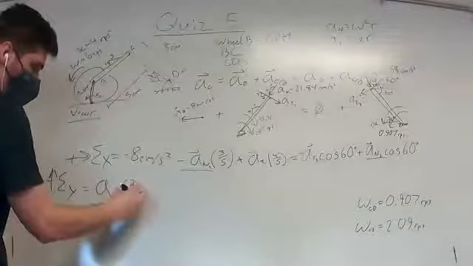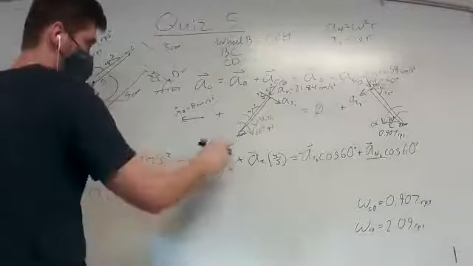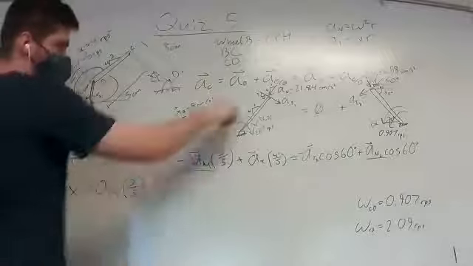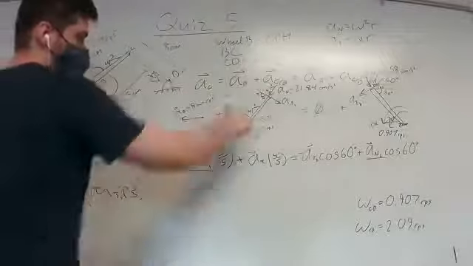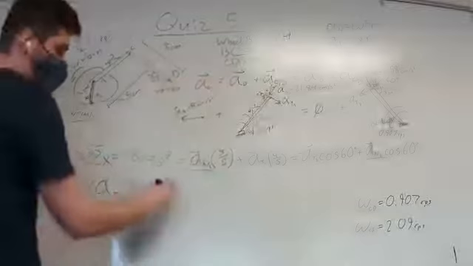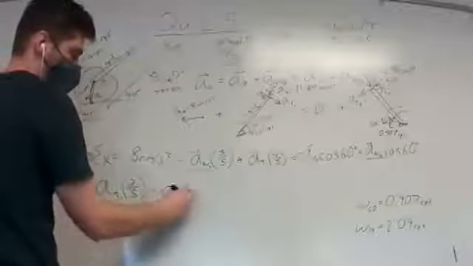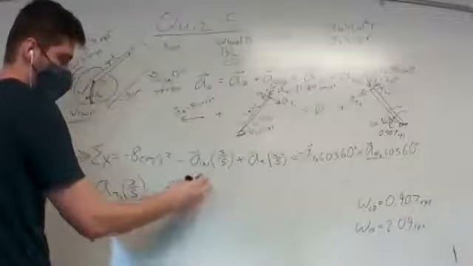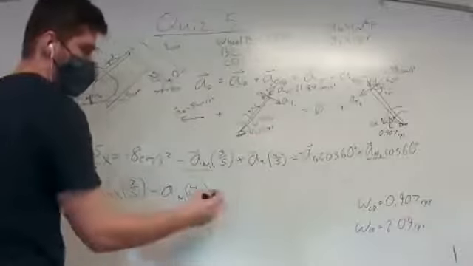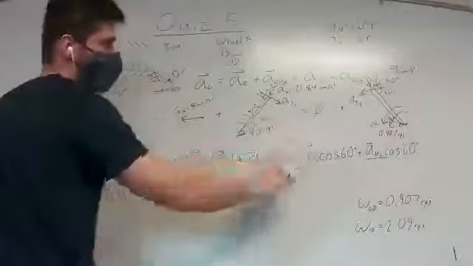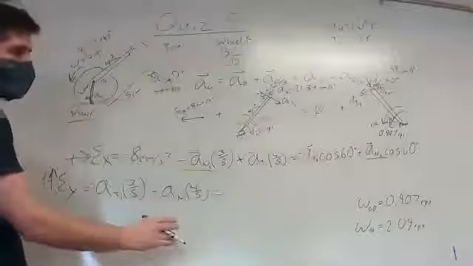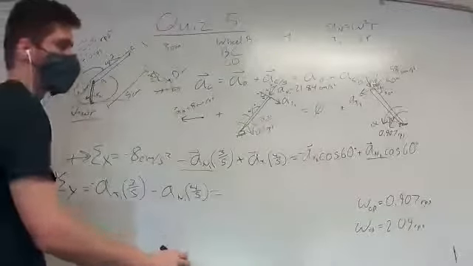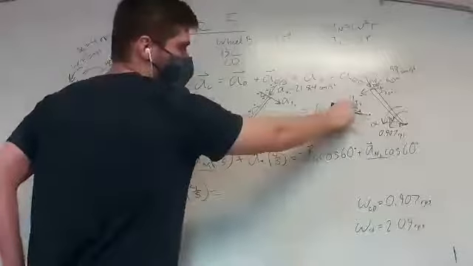We can say our 3/5 of AT1, and this is minus because it's going down, is equal to nothing.